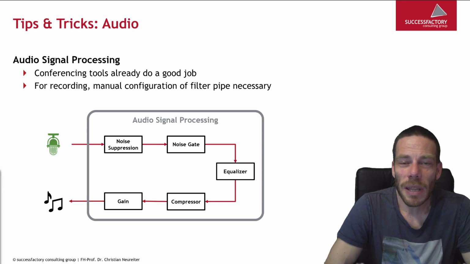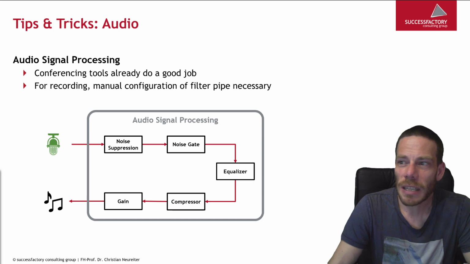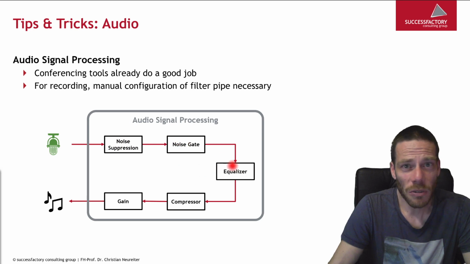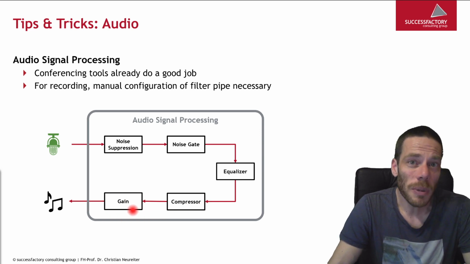So the typical pipeline comprises filters like a noise suppression, which intends to reduce background noise, some noise gate, maybe an equalizer for improvement of your voice, a compressor to level the output volume, and in the end probably a gain filter.